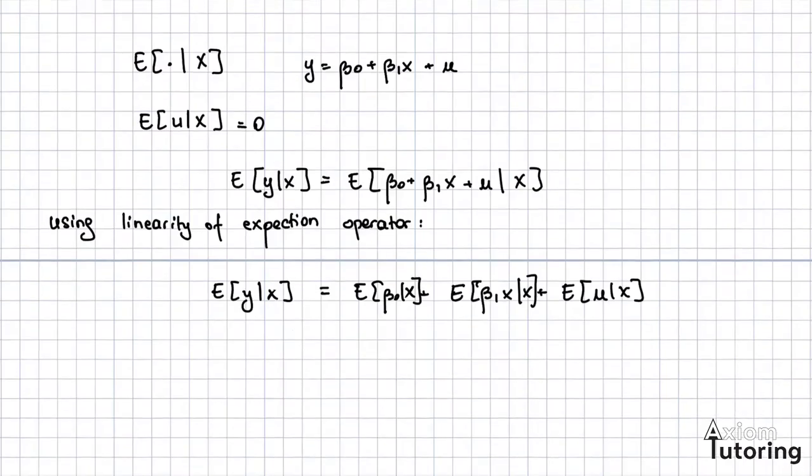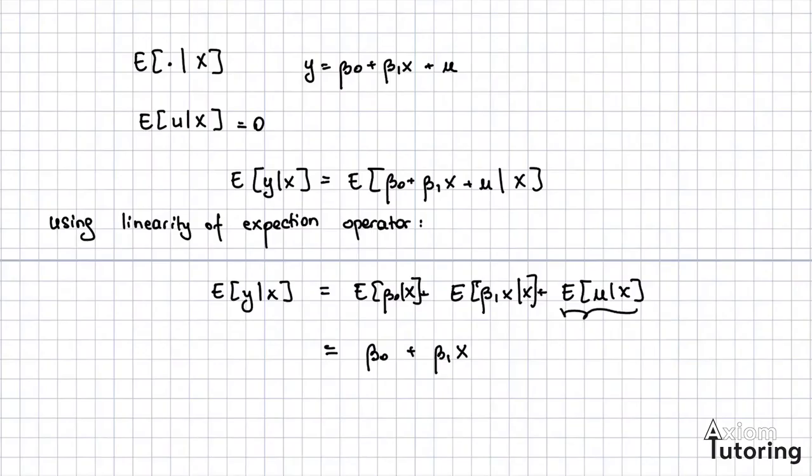Now, the conditional expectation of beta 0 on x, keep in mind that beta 0 is just a constant, so that is just going to be beta 0. And for beta 1 x, it's very clear that the conditional expectation is just going to be beta 1 x.